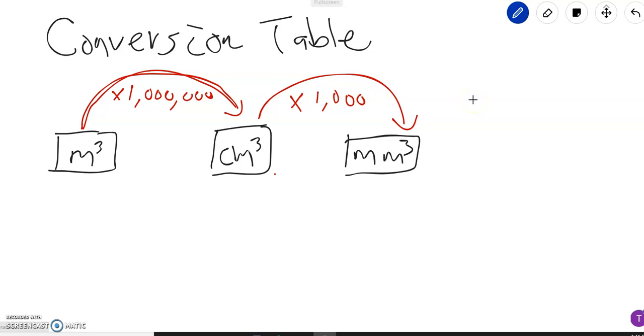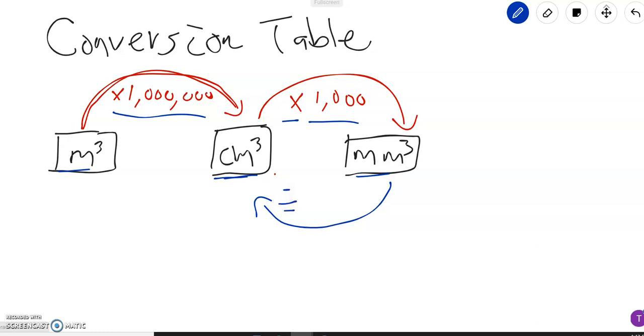Now I want to go back the other way. So let's go back to our table. When we go from meters to centimeters, we multiply by 1,000,000. And from centimeters to millimeters, you multiply by 1,000. Well, if we go the other way, we're going to do the opposite. So what's the opposite of multiplying? It's dividing.